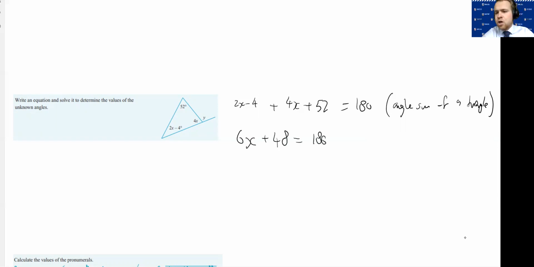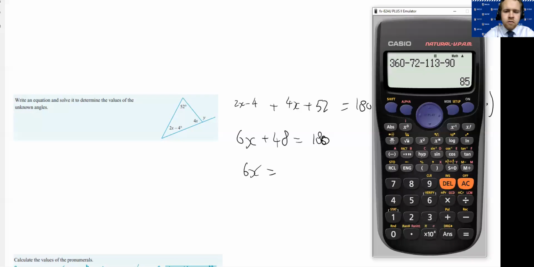Now for this step, I don't need a reason because all I've done is collected like terms. We don't need to justify all our algebraic steps. It's only the ones that have some sort of geometry fact. So the fact that these add up to 180 is due to a geometry reason, so I need to write a reason for that. And then 6x is going to be 180 minus 48.